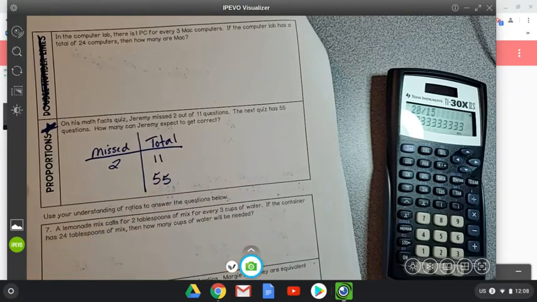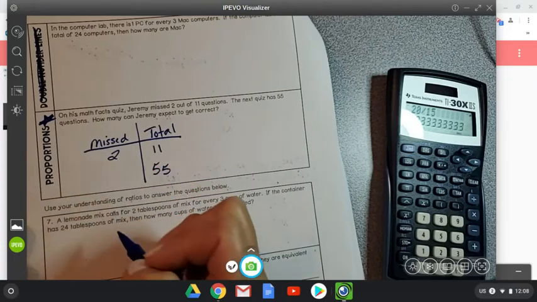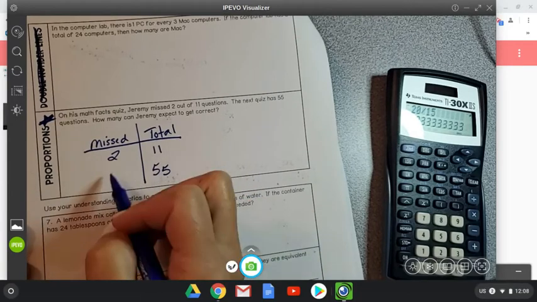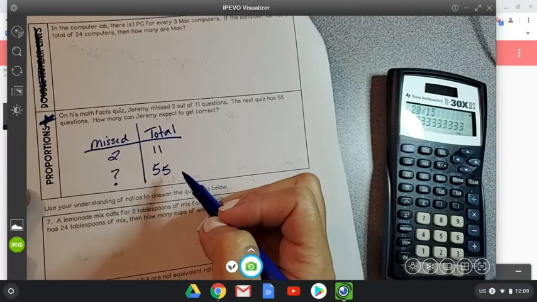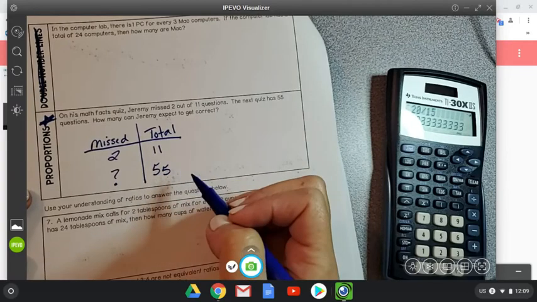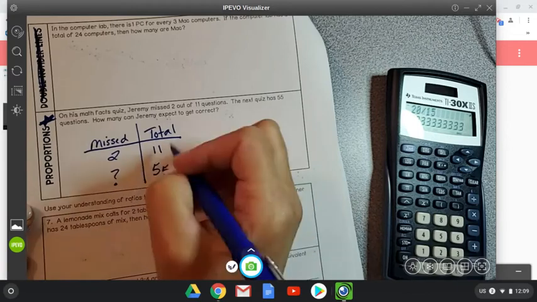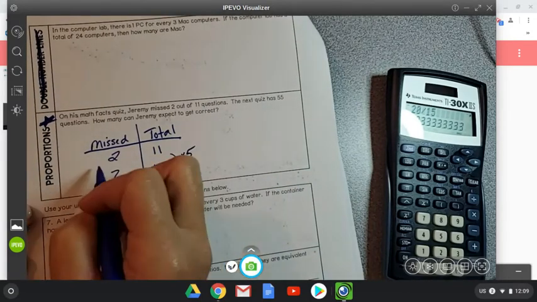And we need to figure out how many he got correct. But in order to figure out how many he got correct, we have to figure out how many he missed. So again, we're going to decide what we multiplied by to get from 11 to 55. In this case, we multiplied by 5. So we're going to do the exact same thing over here.